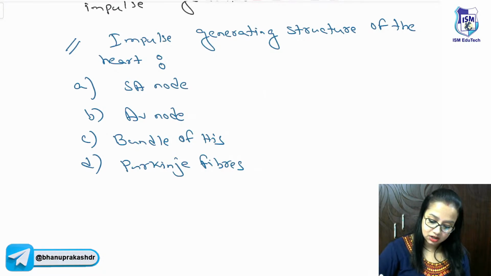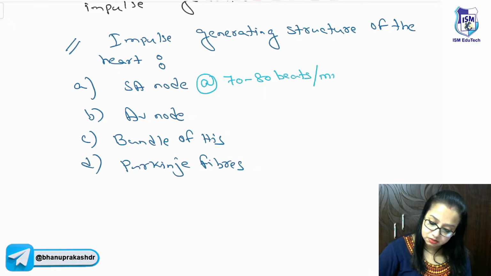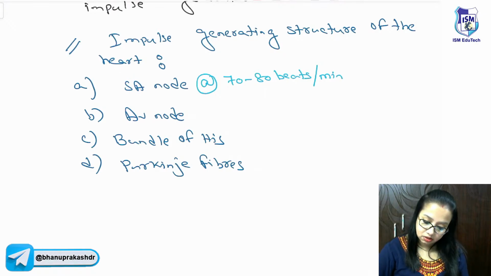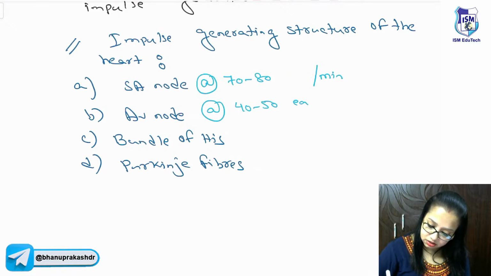So, SA node does it at the rate of 70 to 80 times per minute, that impulse. AV node does it at the rate of 40 to 50. At this point, let us better not write the beats. We'll come to that, correlate and come to that.